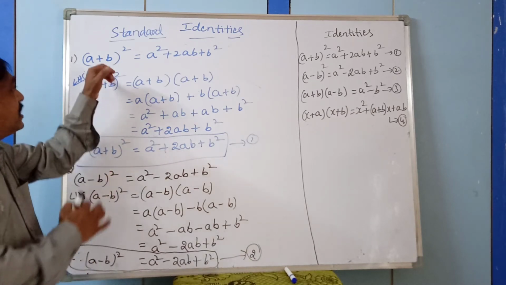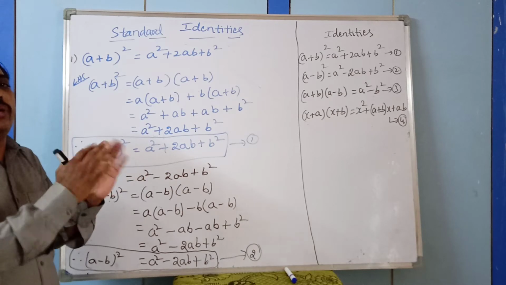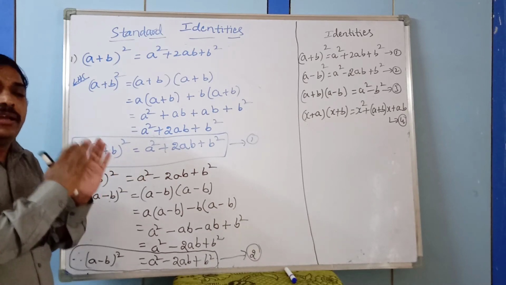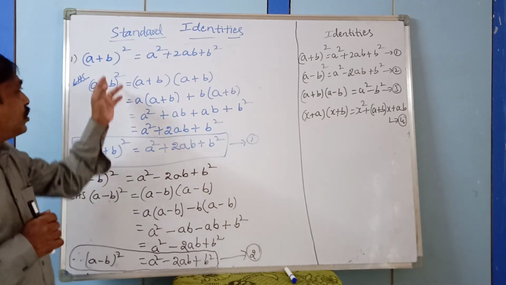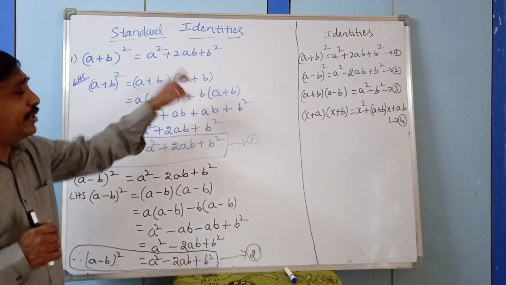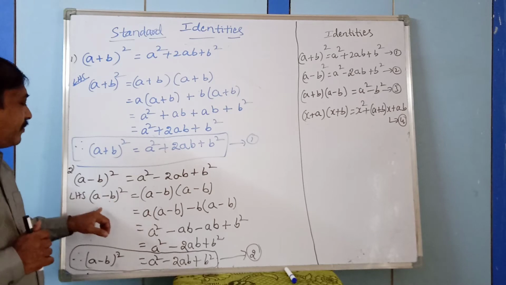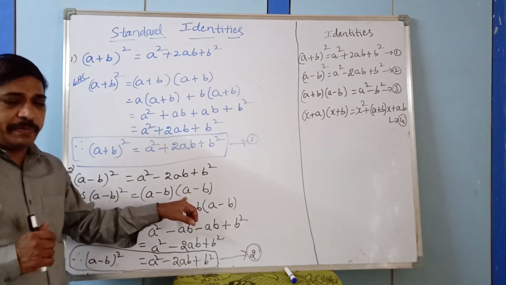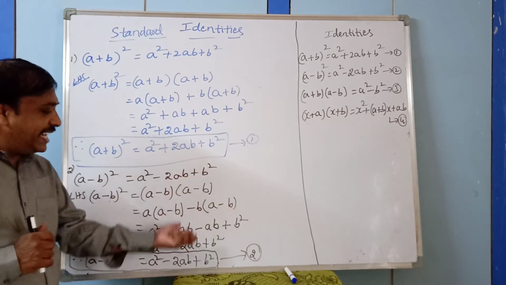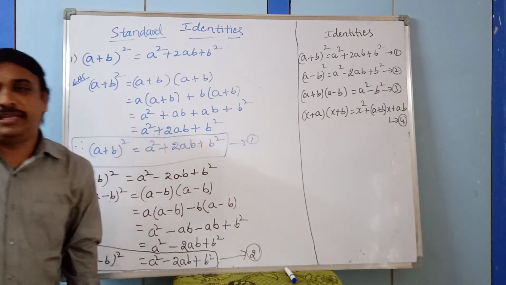By writing the square as x into x. So (a plus b) whole square as (a plus b) into (a plus b), finding the product. Similarly, (a minus b) whole square as (a minus b) into (a minus b), finding the product. Is it clear? Yes.